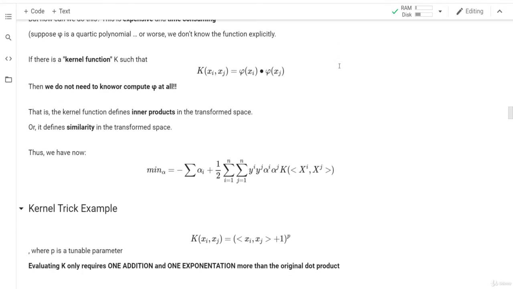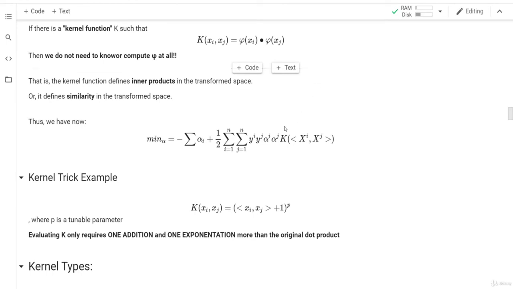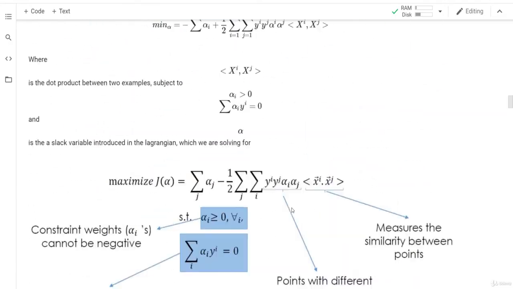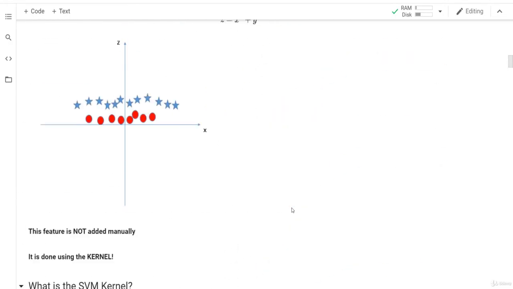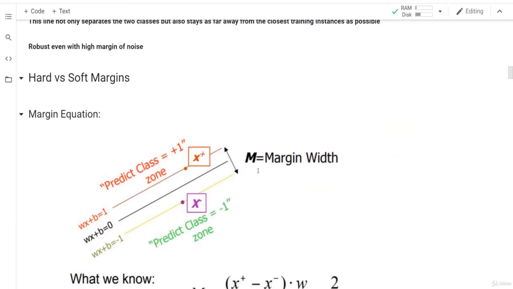So let's take a look at a kernel trick example. Let's see what we needed to do without using this trick, and what we need to do now. Let's say that the kernel we are using is a polynomial kernel. We used a polynomial kernel before, where we just took the function and squared it.